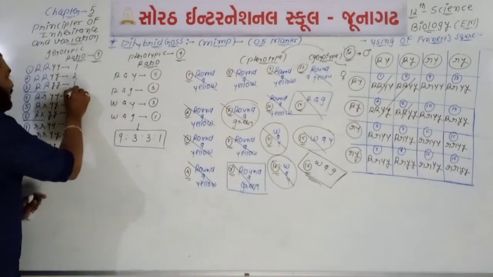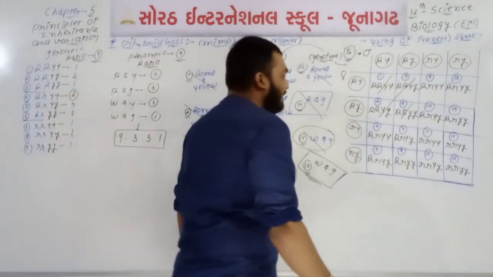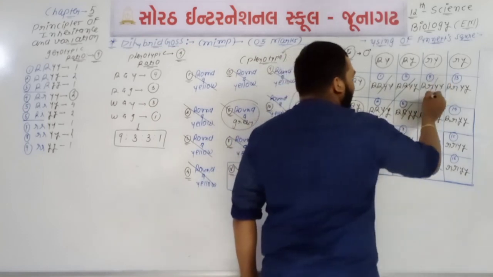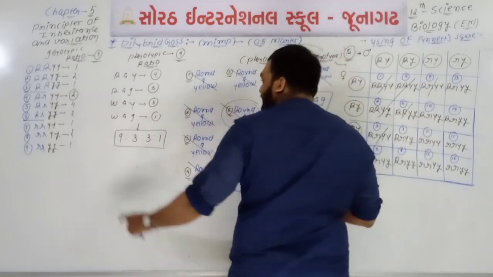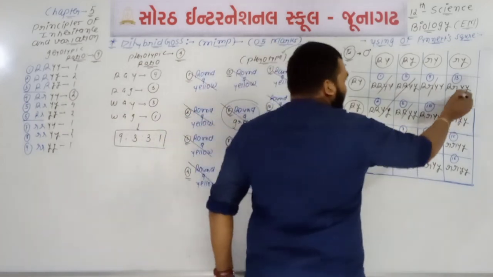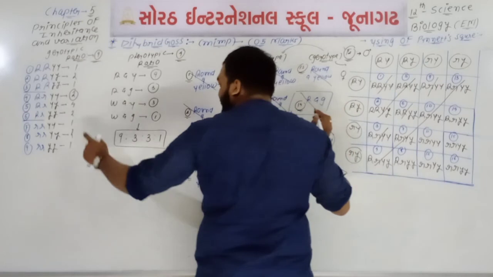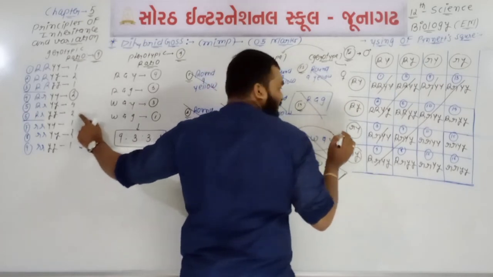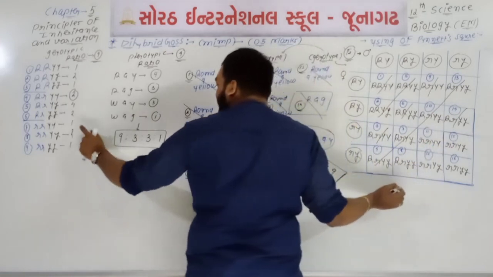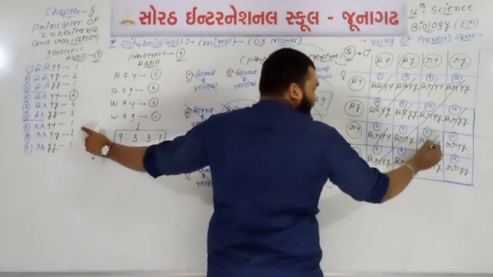Now capital R small r capital Y, this capital R small r capital R small r capital Y. 4 times capital small, see here capital small 1 2 3 and 4. 2 times capital small, 1 time small capital, this one.